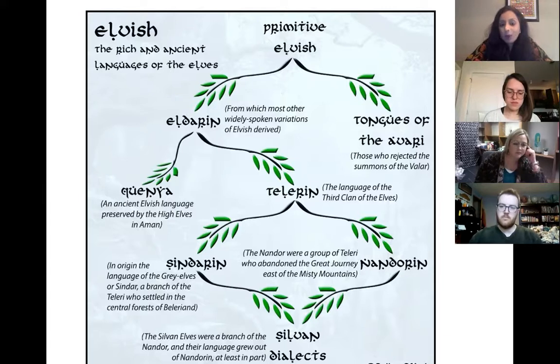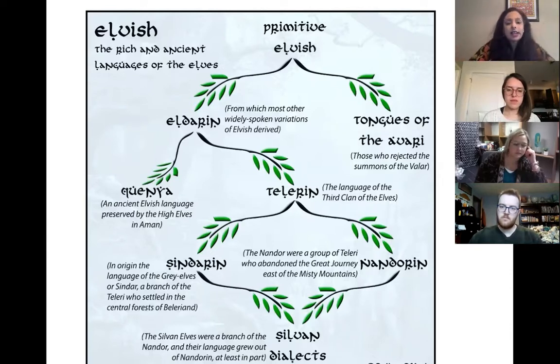Eldarin is from which most other widely spoken variations of Elvish are derived. So that's really the more productive language family branch. And the tongues of the Avari is spoken by those who rejected the summons of the Valar. So they're basically the elves who moved away from the main faction of elves.